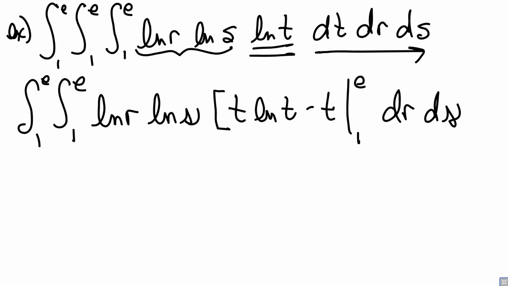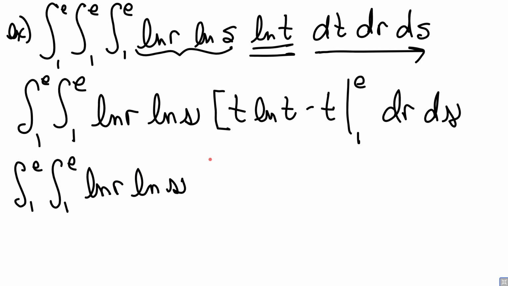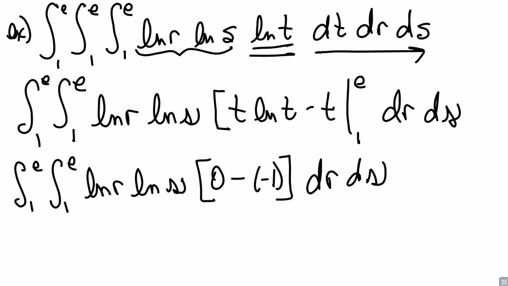Okay, so what we're going to have is the integral from 1 to e, integral from 1 to e, of the natural log of r times the natural log of s. So if we plug in e, we end up with e minus e, which is 0, minus, then if we plug in 1, we have 0 minus a negative 1, so we end up with negative 1, dr ds.